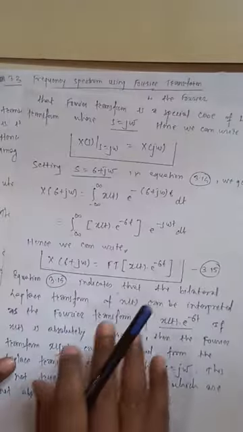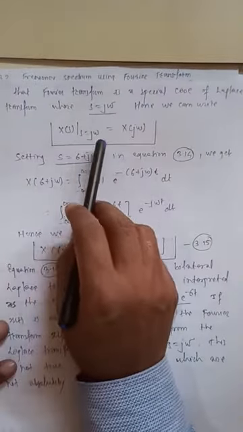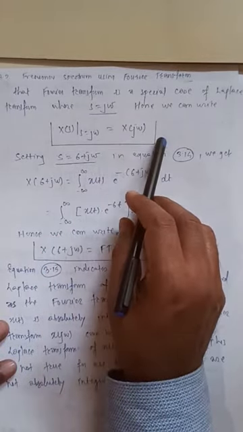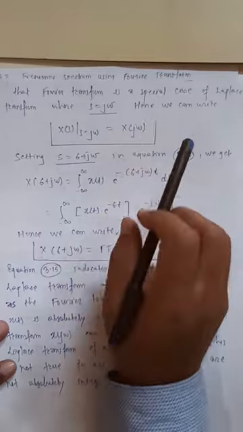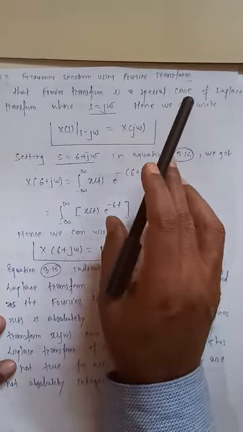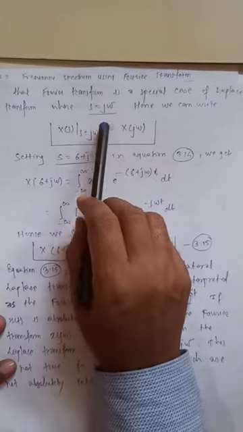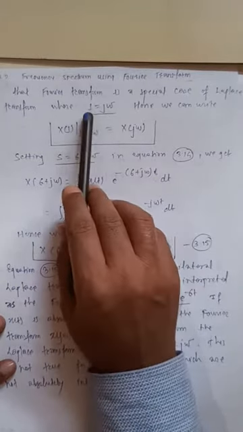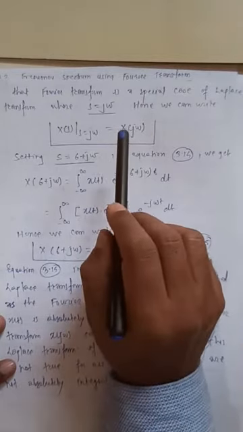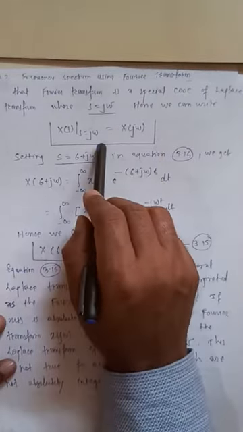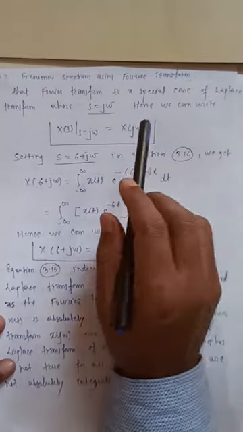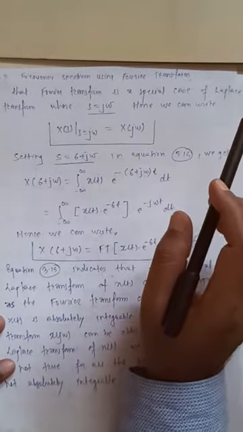That means X(s), if s is replaced with j omega, gives you the Fourier transform. This is the partial case of the Laplace transform. Because s is a complex quantity, you cannot directly represent s as j omega, but the Fourier transform is the partial case of the Laplace transform where s is replaced by j omega.